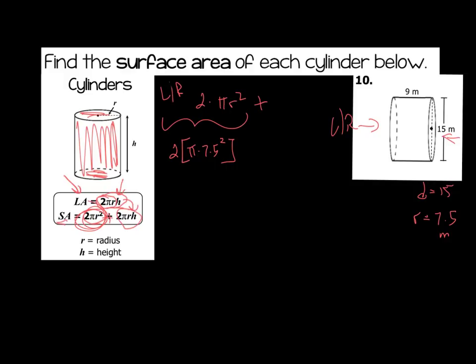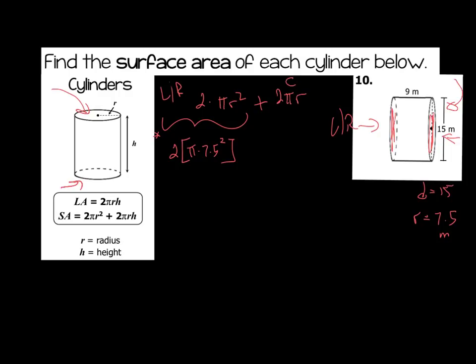That's our top and the bottom, or the area of the circular portions. I apologize for saying top and bottom because I'm really thinking about this other cylinder, but the top and the bottom there is the left and the right on this one. So we just found the area for these 2 pieces. Now we're going to add that to the area of the sides.